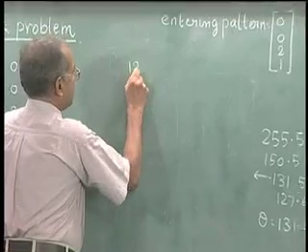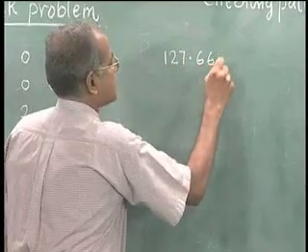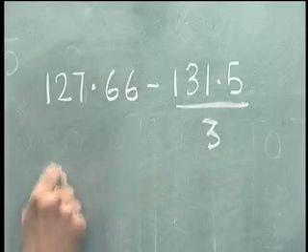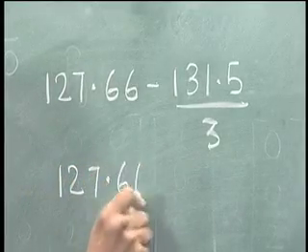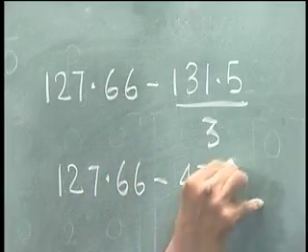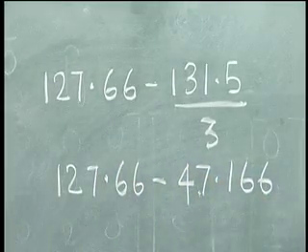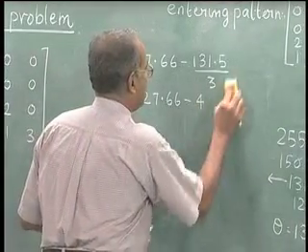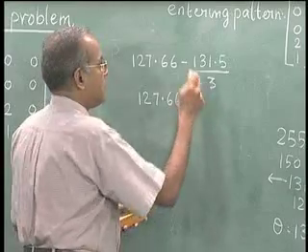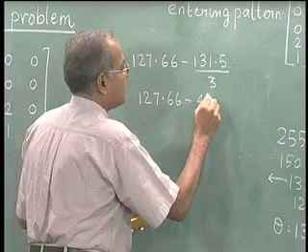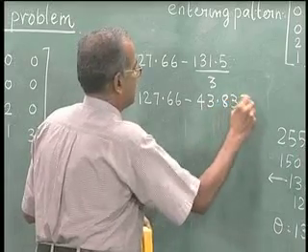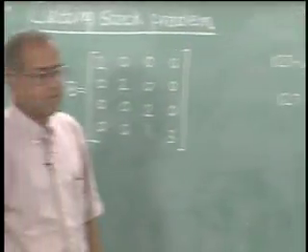So, that will be 127.66 minus 131.5 divided by 3, which is 43.83.